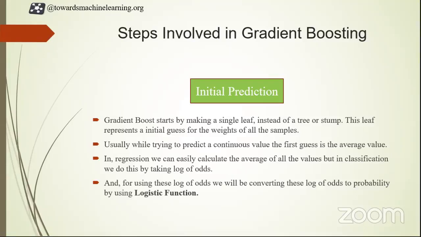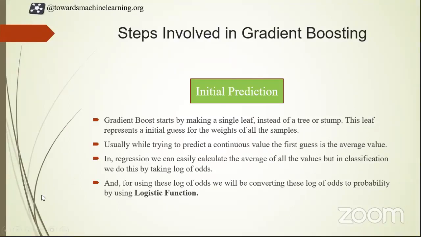While doing regression, you can easily take the average of all the values as your first prediction. But in classification, you can use log of odds, and then convert those log of odds into probability by using the logistic function.